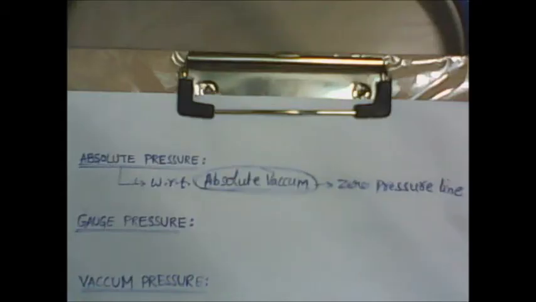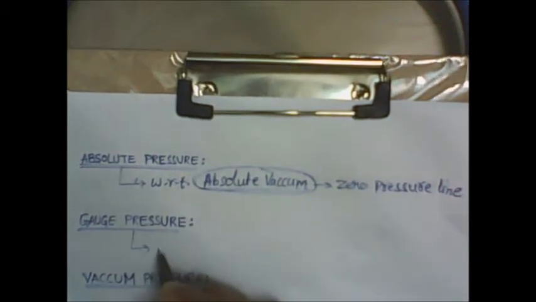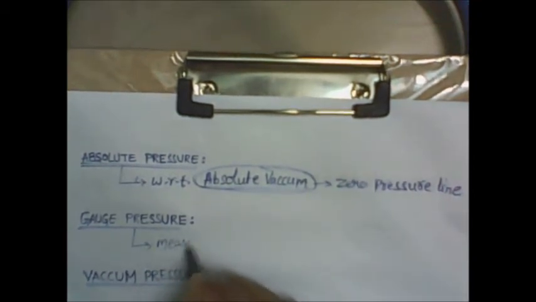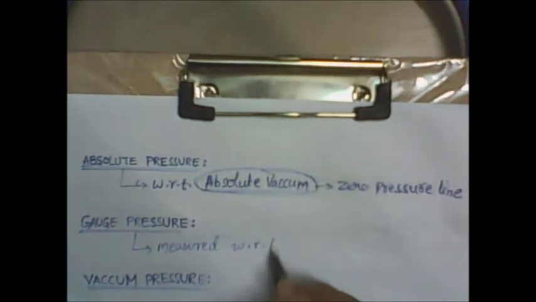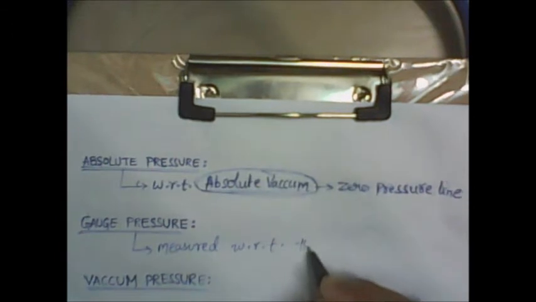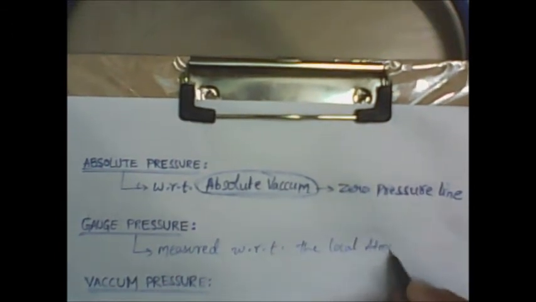Absolute pressure is the actual pressure of the fluid measured with respect to the absolute vacuum, or you can say the zero pressure line. Okay? And gauge pressure is the one which is measured with respect to the local atmospheric pressure.